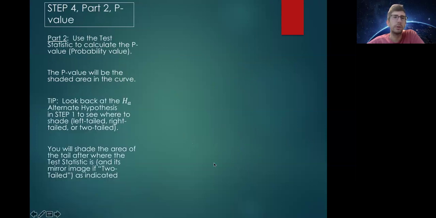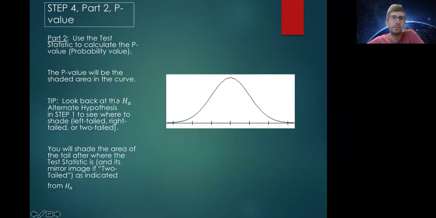So now in part 2 of step 4, this is where we're going to calculate our p-value. We're going to use the test statistic to calculate the p-value. The p-value is just the shaded area under the curve.